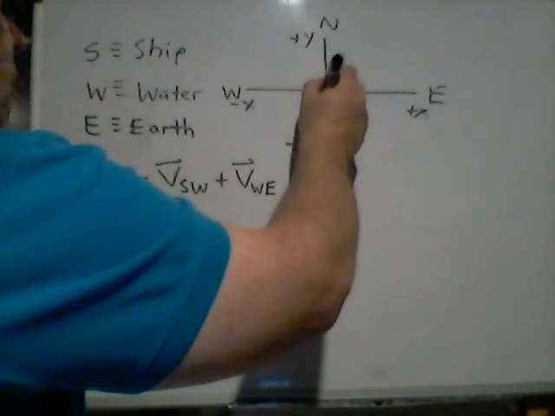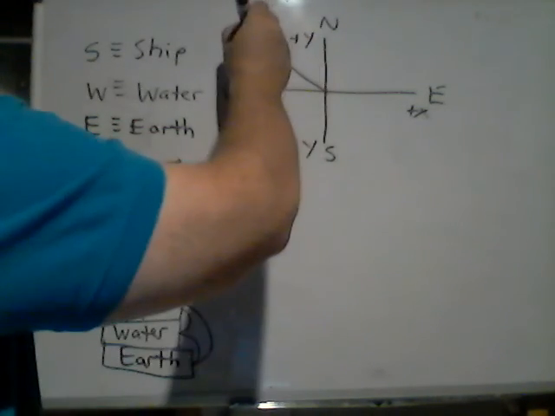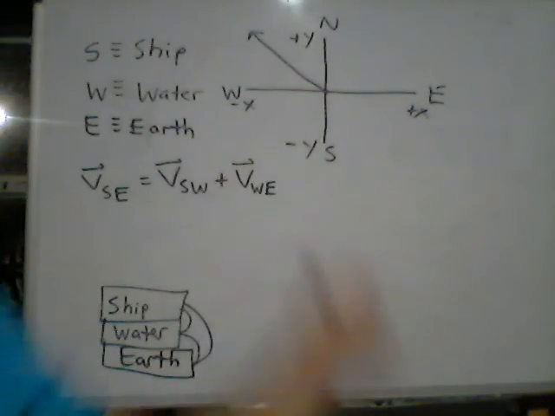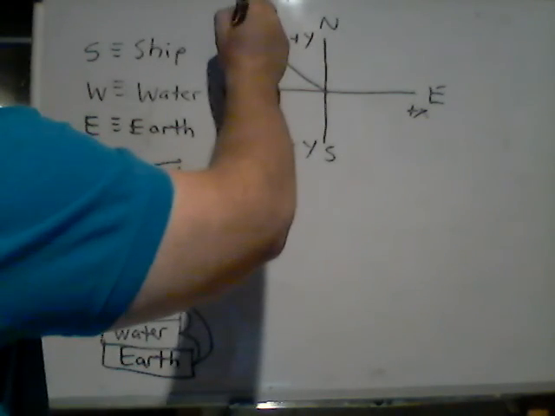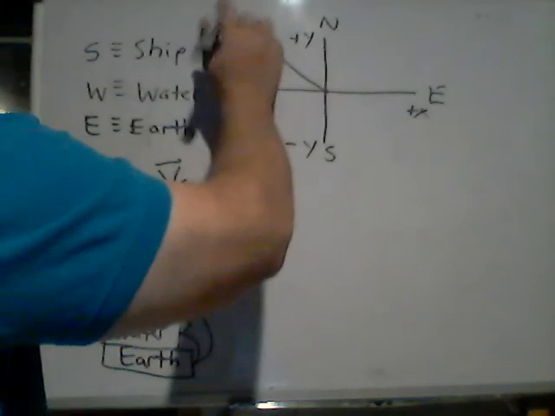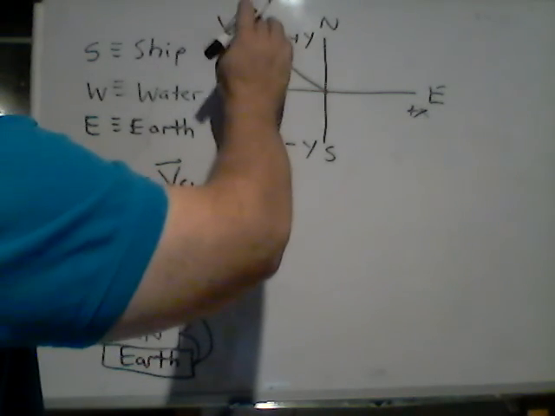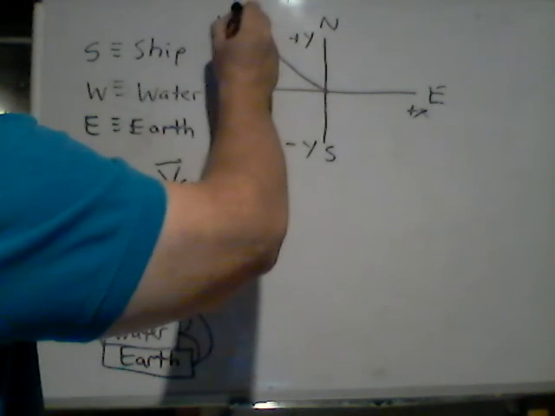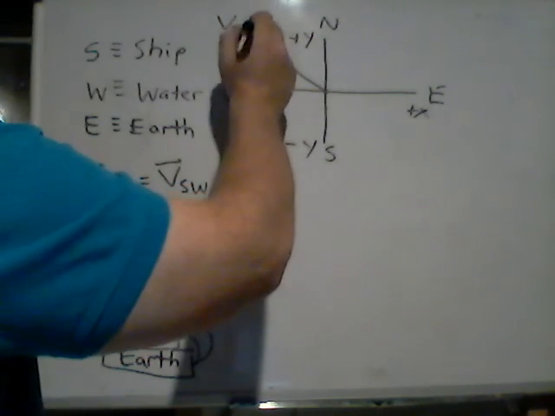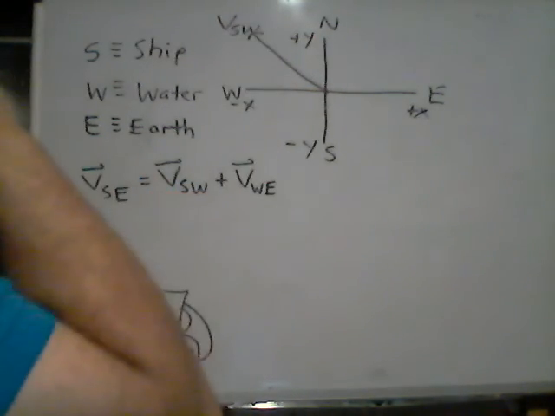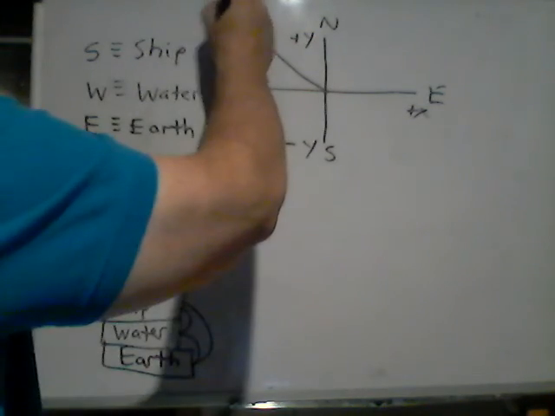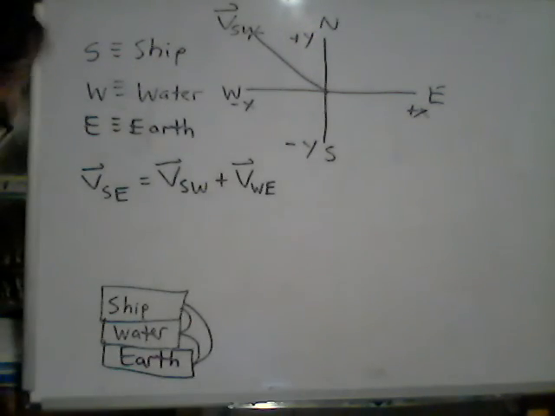So if you read this carefully, the velocity of the ship with respect to the water is at 25 degrees west of north.